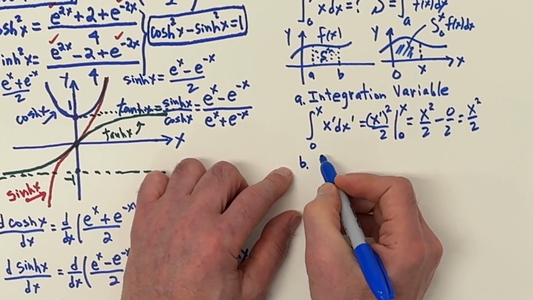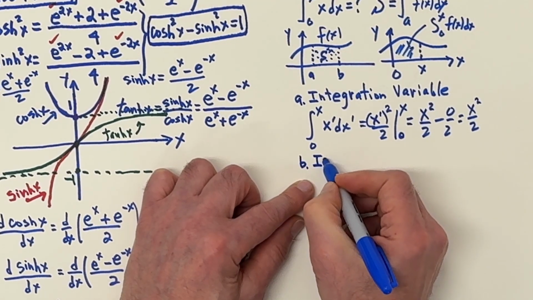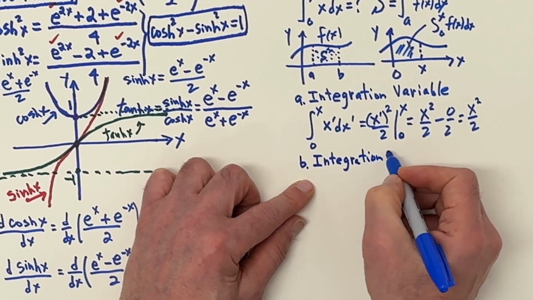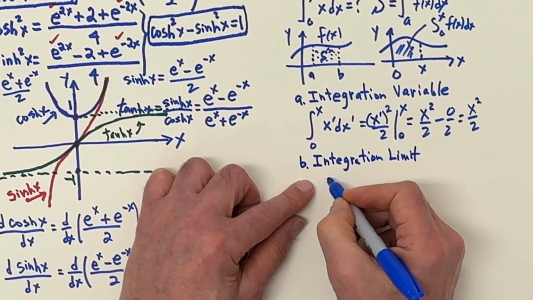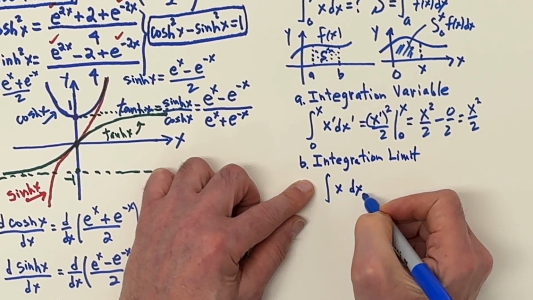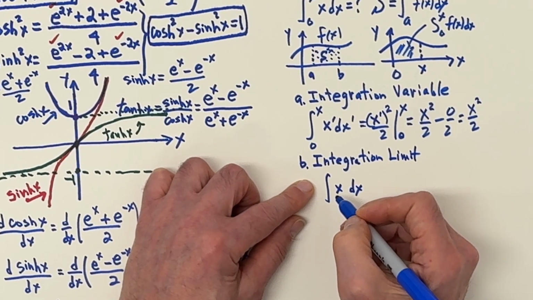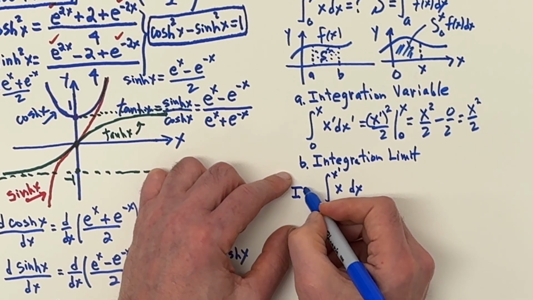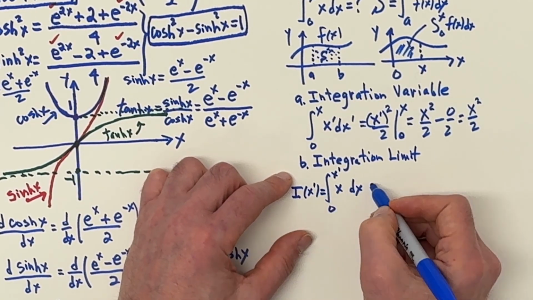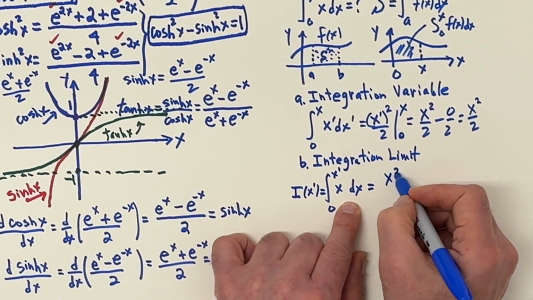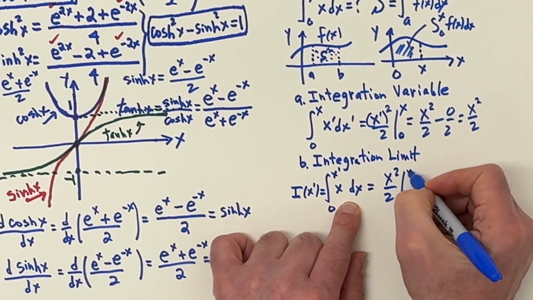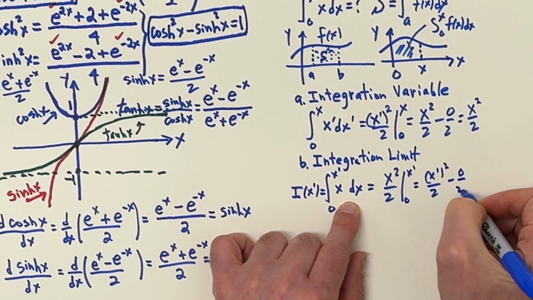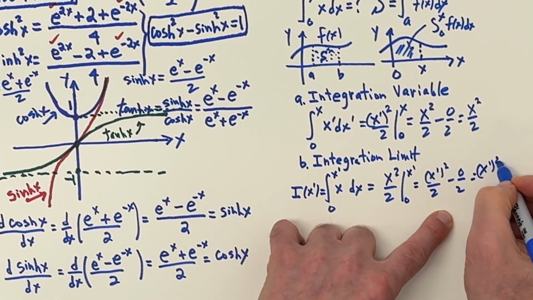Another technique to handle this problem is to work with the integration limit. So in this case, we keep the x dx there, but we go from 0 to x prime, like this. So we have this integral, which is going to be a function of x prime. So you would do x squared over 2, no problem there, and then you go 0 to x prime, and this would be x prime squared over 2 minus 0 over 2, which should be x prime squared over 2.